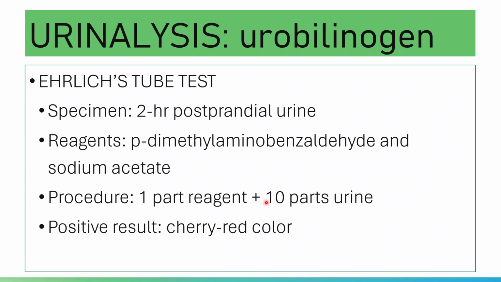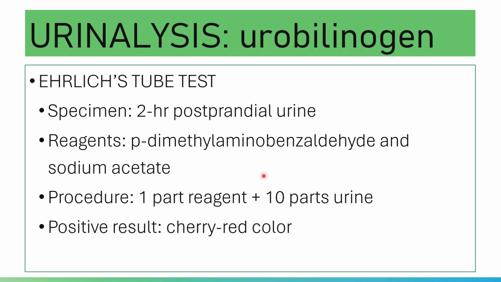Take a look at the determination for urobilinogen. You have Ehrlich's tube test. It utilizes a 2-hour postprandial urine sample. The reagents utilized are paradimethylaminobenzaldehyde and sodium acetate. The sodium acetate is utilized to enhance the reaction.